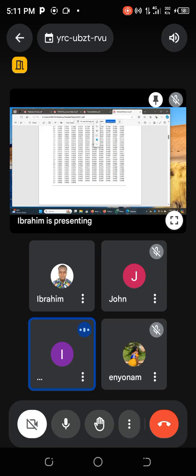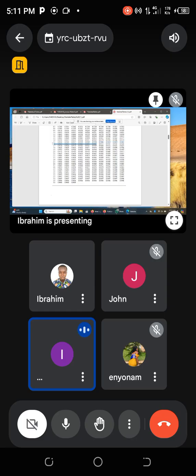That is the closest. Now when we select that 0.95, you move horizontally left, you will get 1.6.